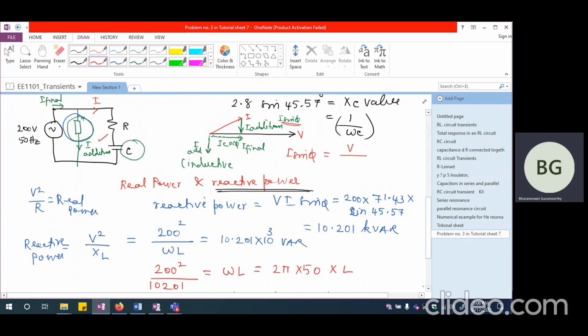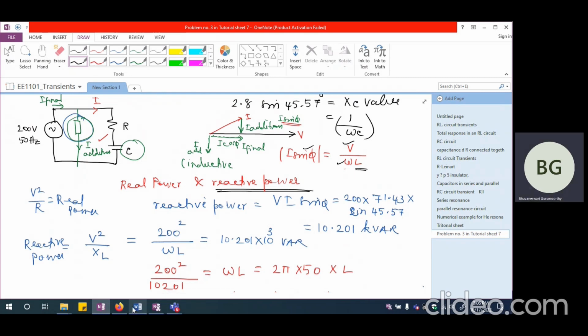So this should be V divided by omega L. I sin phi magnitude I can calculate, and I can say that will be V divided by omega L, from which I should be able to calculate what is the value of L, because omega is known, I sin phi is known, and V is known. So only unknown quantity is L. So we should be able to calculate what is L without any difficulty.